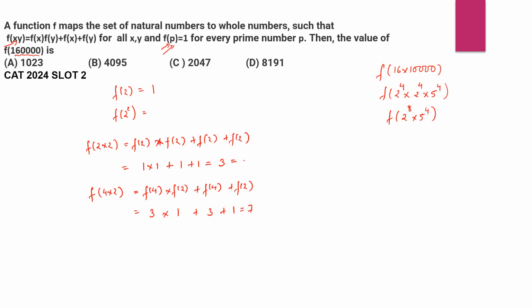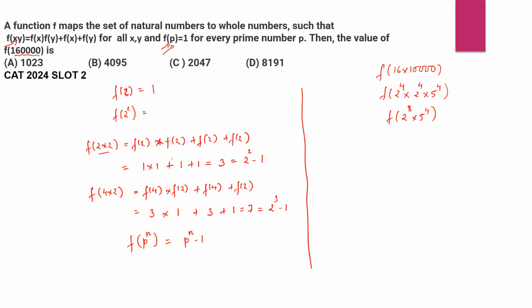Now can we try to write this 3 as 2 square minus 1, and this 7 as 2 cube minus 1? And look at this, this is 2, which is prime. Let's try to generalize it first. Can we say if the input is p to the power n, where p is a prime number, then the output is always 2 to the power n minus 1?